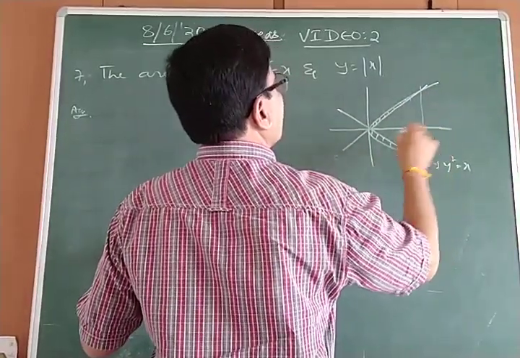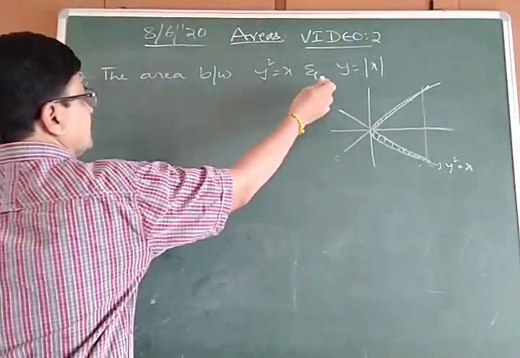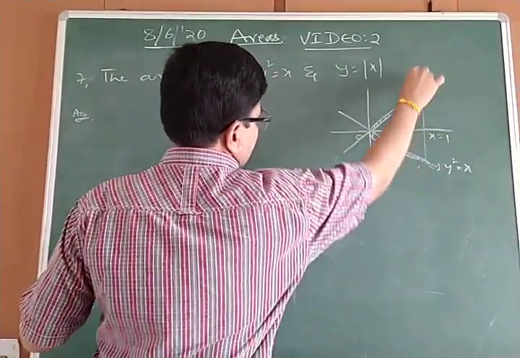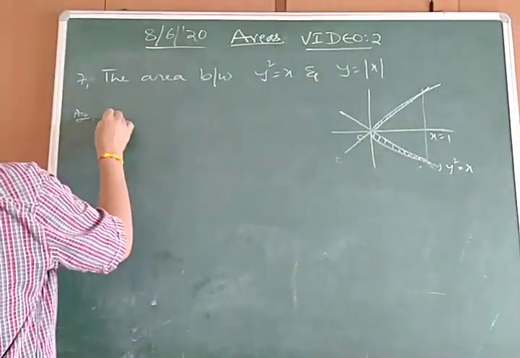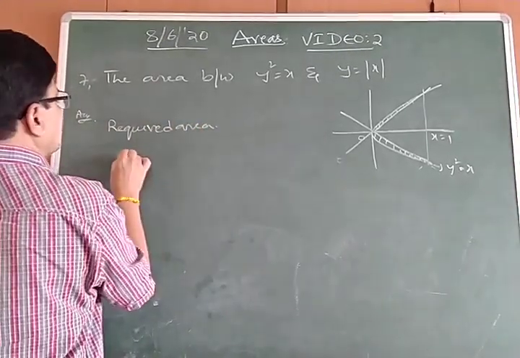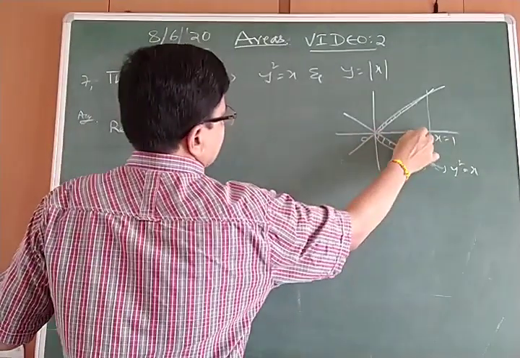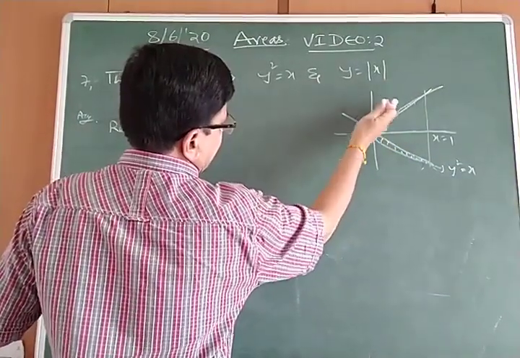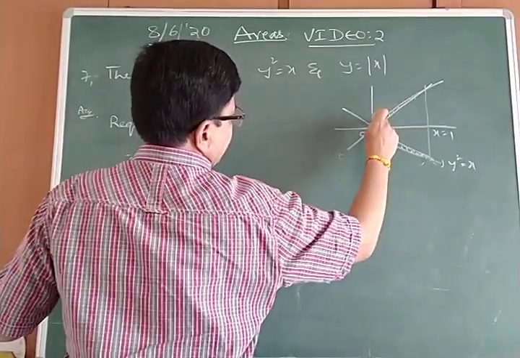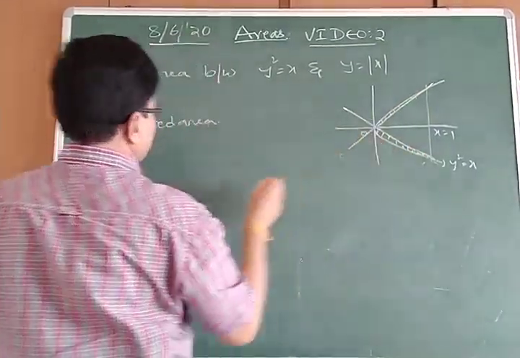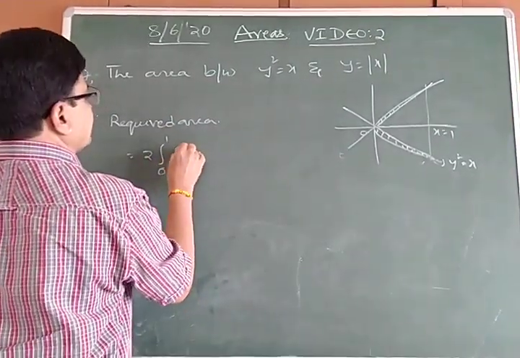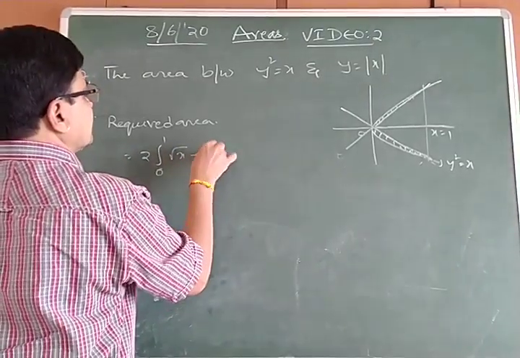These two lines intersect when x is equal to 1, from the origin to x is equal to 1. This is the line x is equal to 1. So the required area is equal to, since the given parabola is symmetric about the positive x-axis, these two areas are equal, so 2 into integral 0 to 1 of root x minus x dx.